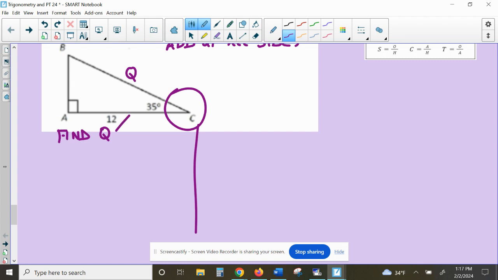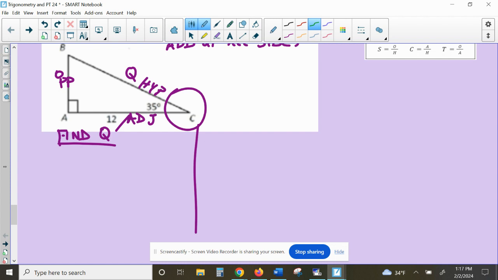Okay, find Q. So you labeled this guy opposite, right? And you labeled this guy hypotenuse. And you labeled this guy adjacent. Okay. So remember, we got to pick who we're using. So which ones are we boxing up and using, and who's going away? This is just like number 1.